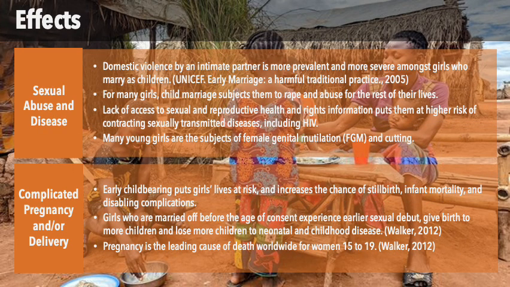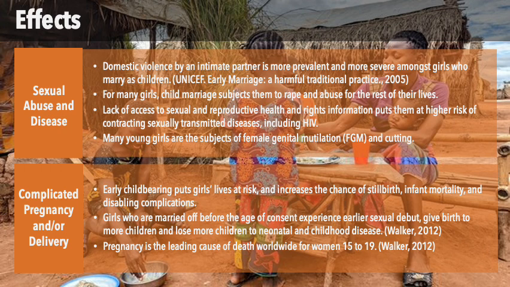One of the more harrowing effects is the sexual abuse and disease that can come along with being a child bride. Domestic violence by an intimate partner is more prevalent and more severe amongst girls who marry as children, likely because the children, as stated in the last slide, don't know what they're doing.